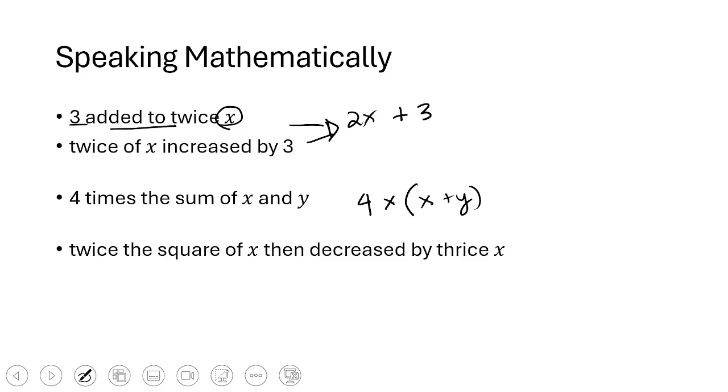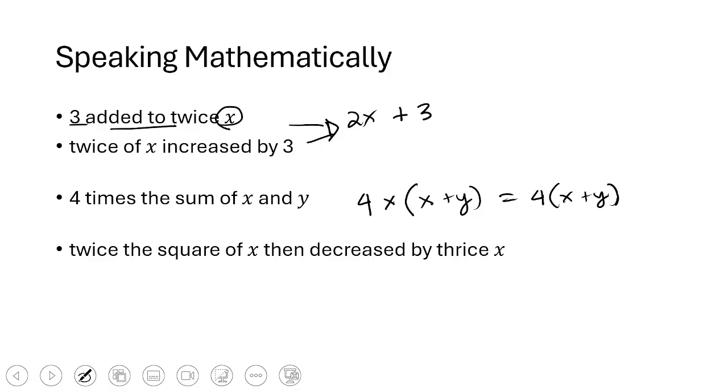Now, since the use of x and the multiplication symbol becomes confusing, we can just rewrite this as 4 and then have it side by side with the parentheses. So again, that means 4 has been multiplied to the sum of x and y.